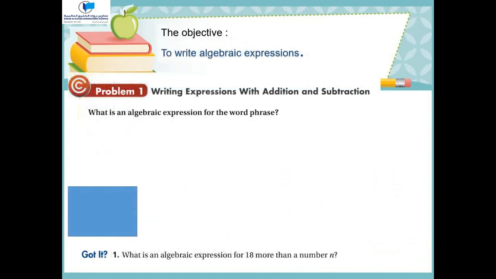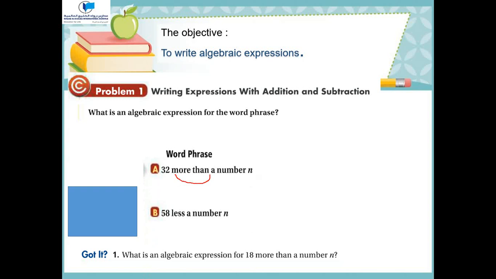Let's move on. In the first problem, we are going to write algebraic expressions from word phrases and the opposite. I will give you word phrases and then you will write the algebraic expression. Let's see the first one. The first one we have is 32 more than a number n. Just follow your expression.